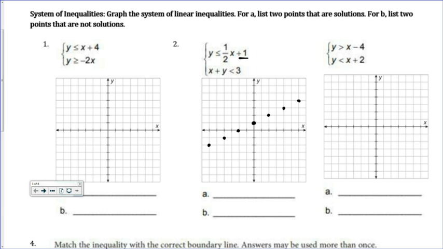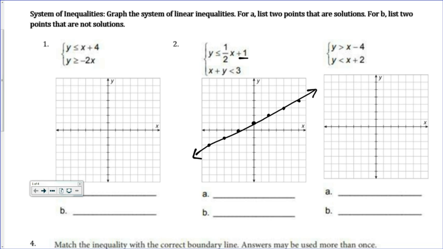Okay, and since this is an inequality, we need to decide if this is going to be a solid line or if it is going to be a dotted line. Because it is less than or equal to, that makes this a solid line. Now we need to decide which way to shade.